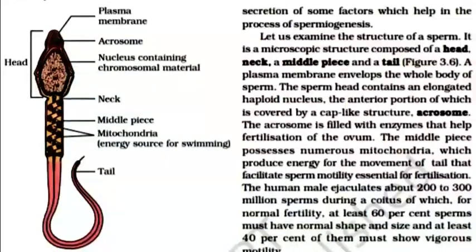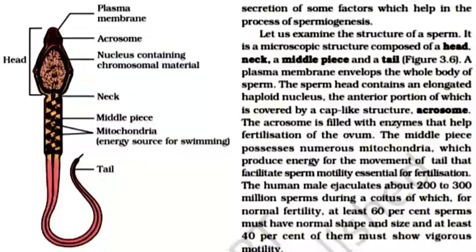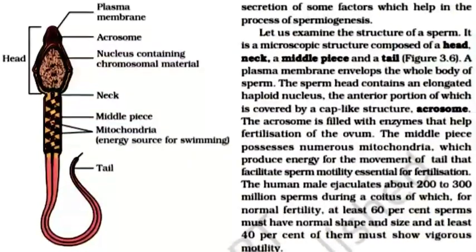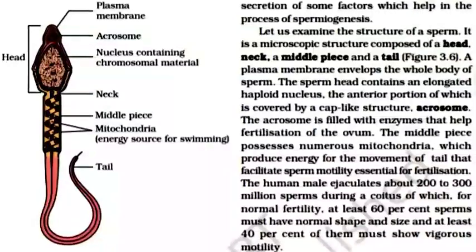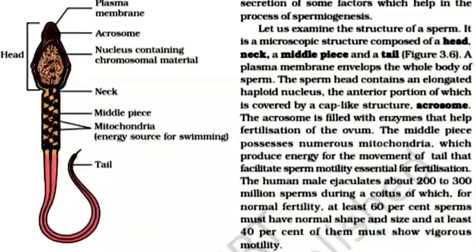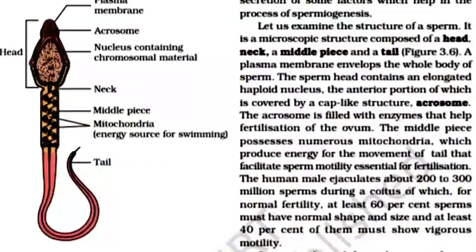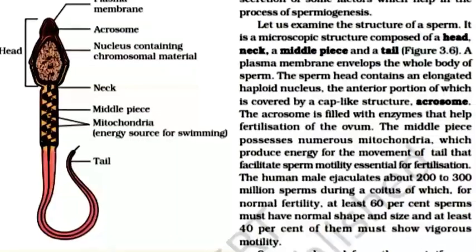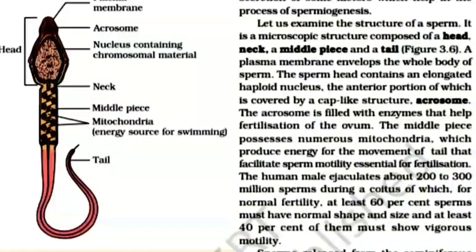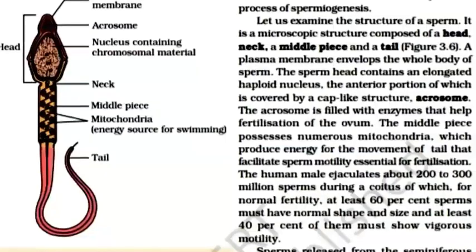Let us examine the structure of sperm. It is a microscopic structure composed of head, neck, a middle piece and a tail. Plasma membrane envelops the whole body of the sperm. The sperm head contains an elongated haploid nucleus, an anterior portion of which is covered by a cap-like structure, acrosome.